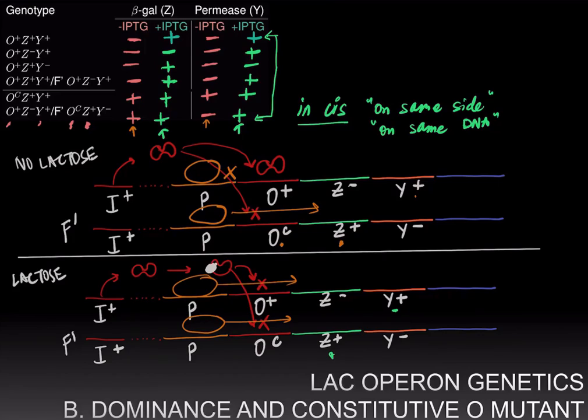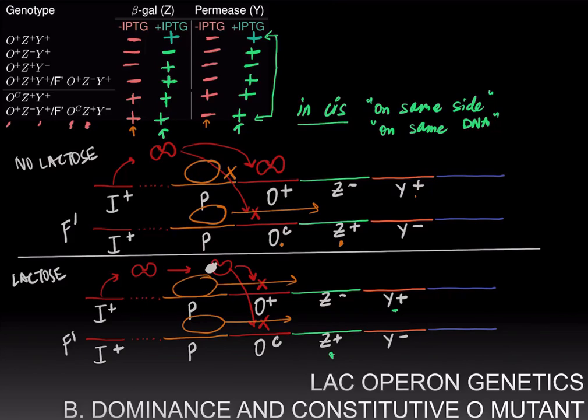And the final conclusion from this experiment is that the operator acts in cis, and we can see how the structure of the Lac Operon, the fact that the operator sits between the promoter and Lac Z and Lac Y and so on, matches up with and explains the result of this experiment.